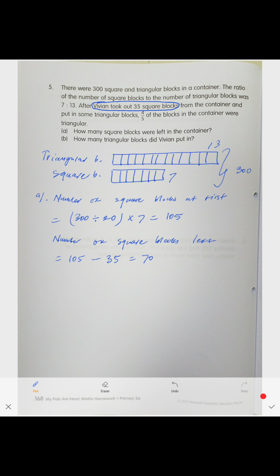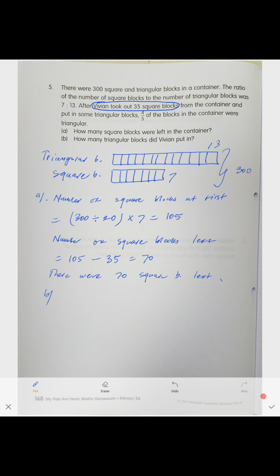So we got 70 left. So there were 70 square blocks left in the container. This is our first question. This is what we did.